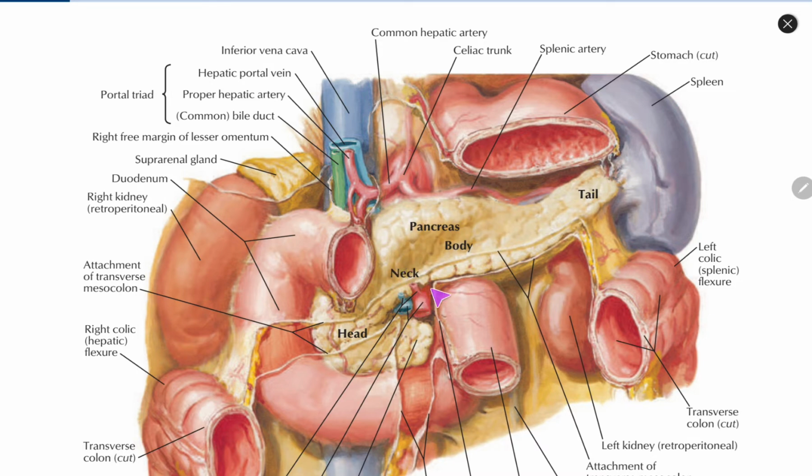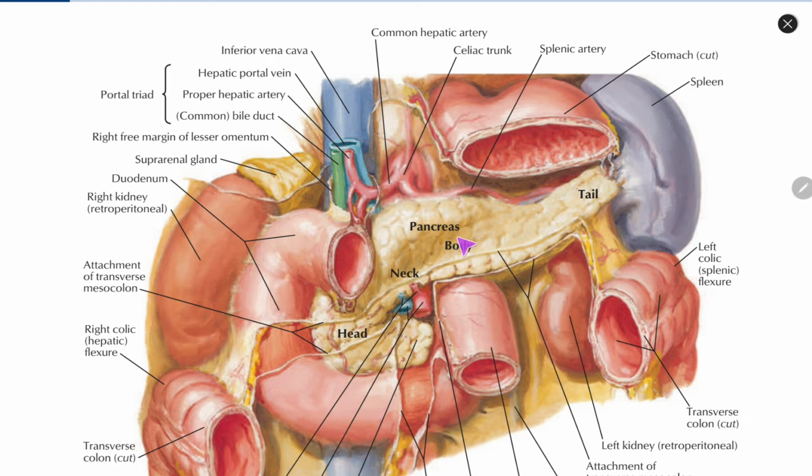Actually the stomach has been cut to show the pancreas. Behind the neck of the pancreas, the superior mesenteric vein, which is coming like this, joins with the splenic vein to form the portal vein. So the portal vein formation happens here.